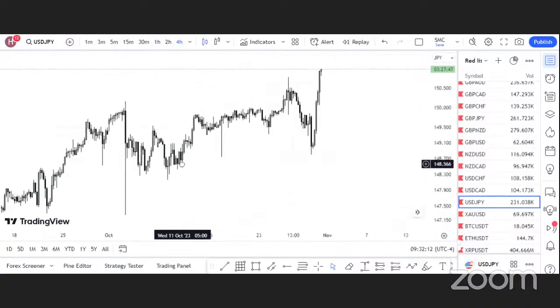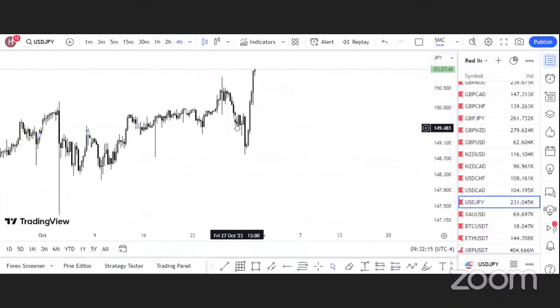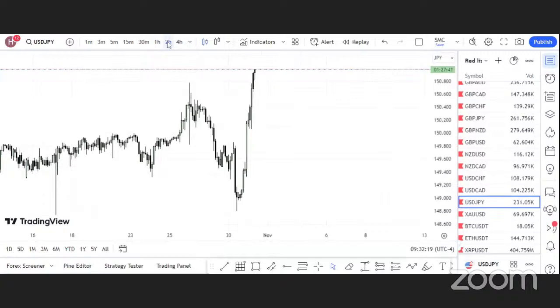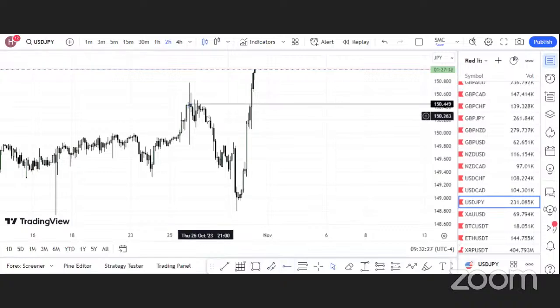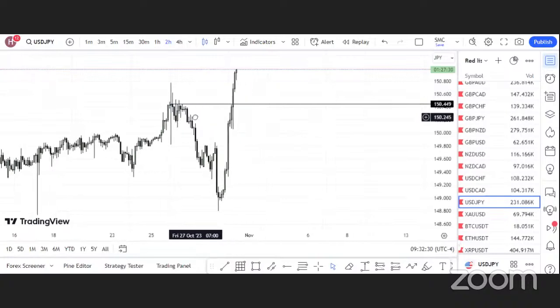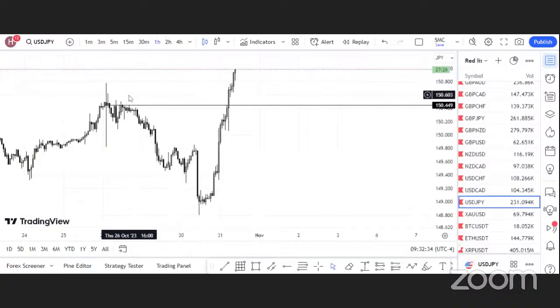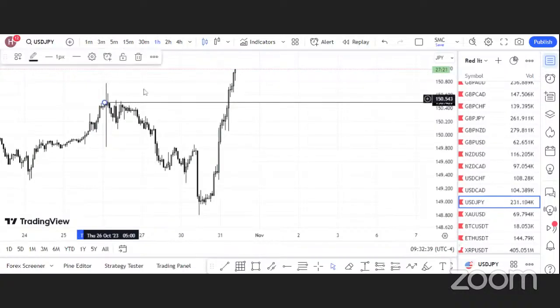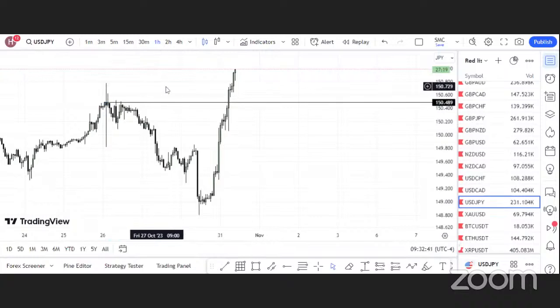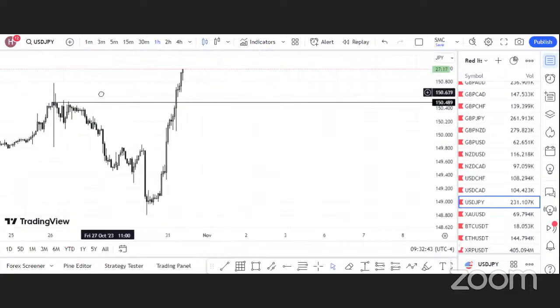So this market has been making a move to the upside. Let's go back to the 1 hour time frame.